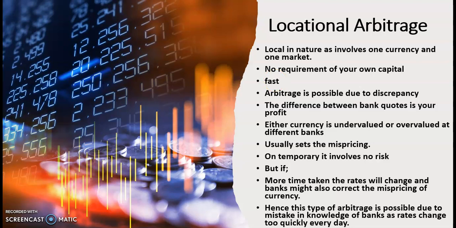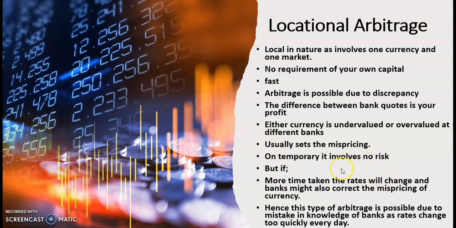The banks have put the quotes, they are different, that's why you can locationally arbitrage. This can be due to many reasons, like bank reasons and market reasons. Market reasons can drive the value differences, and currencies can be either undervalued or overvalued, but these differences are the reason for the profit that you can earn.